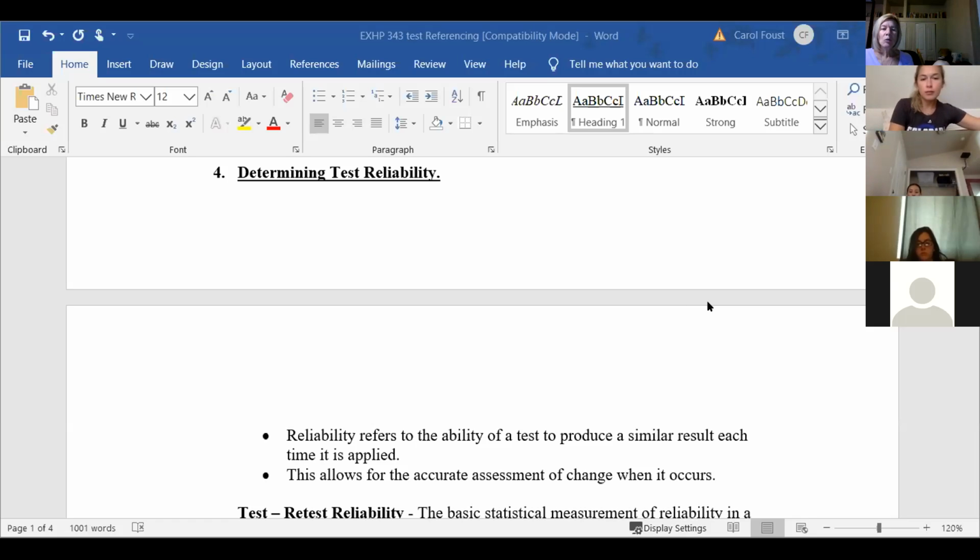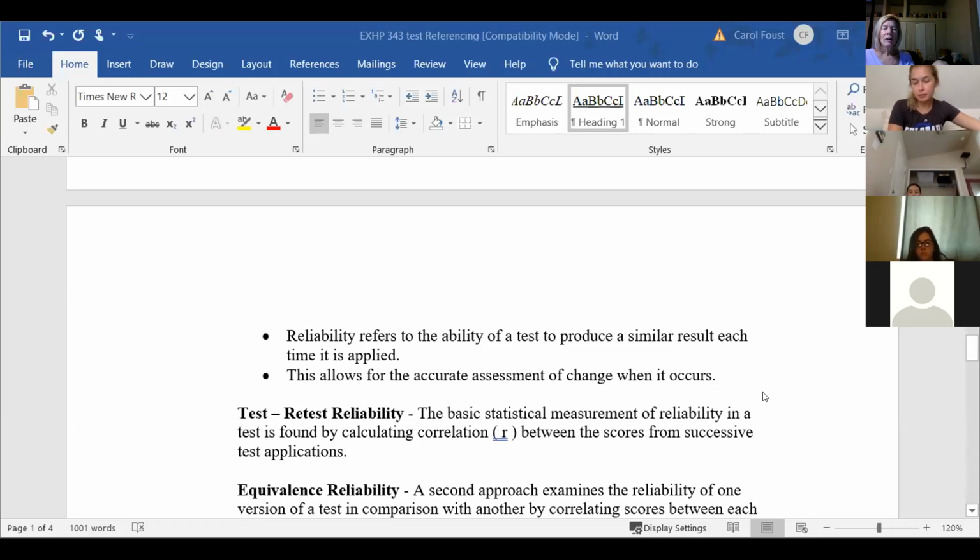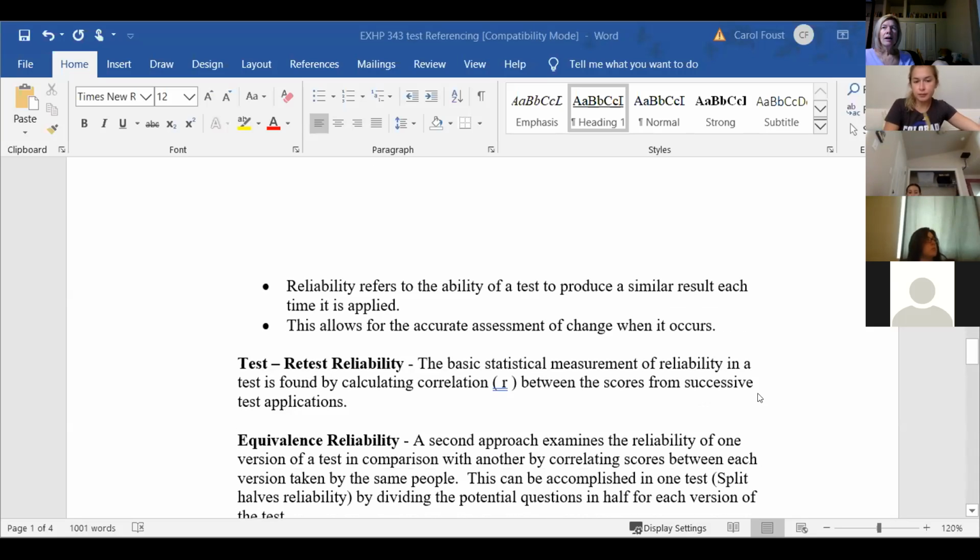Okay, so that's what we're going to be doing today. We're going to be looking at a gold standard, and we're going to compare that against a test that is easier to do and cheaper to do. And we're going to see if we feel confident that that's reliable enough.